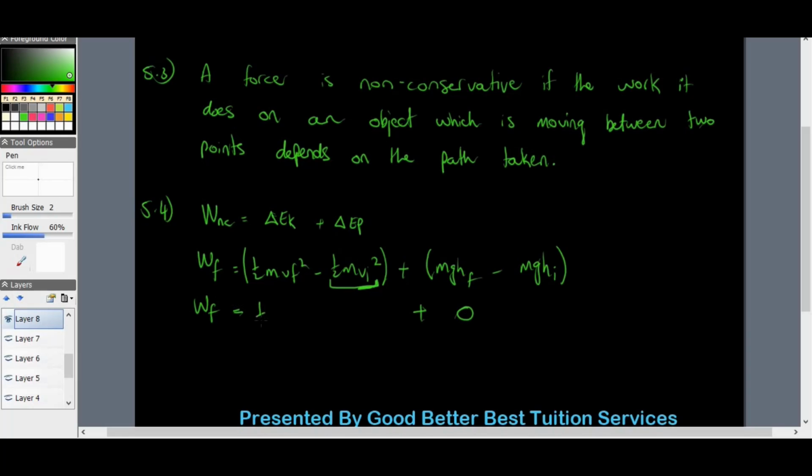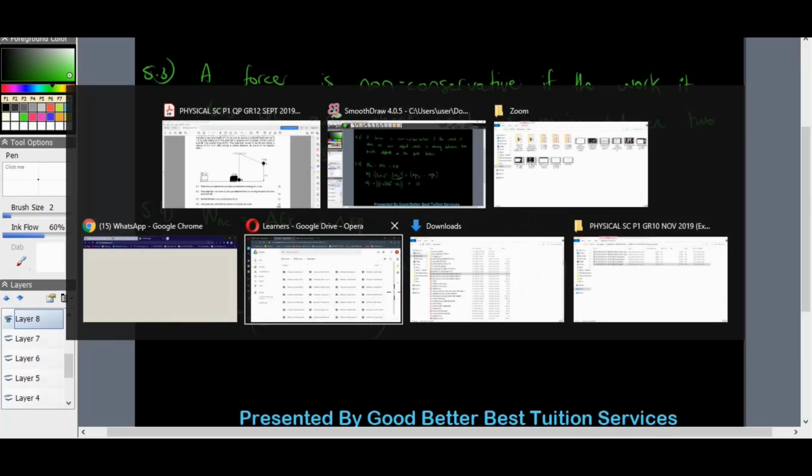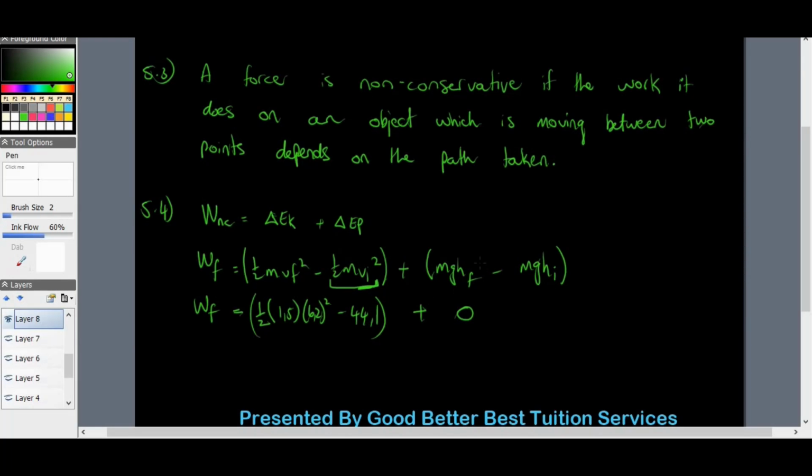So what we end up with is half of 1.5, which is the mass of the crate, times 6.2 squared, minus 44.1, which would have been the same amount of energy that would have been transferred to the crate, because the crate was standing still at 0. So that energy transferred to it initially when they made contact, and that is 0.